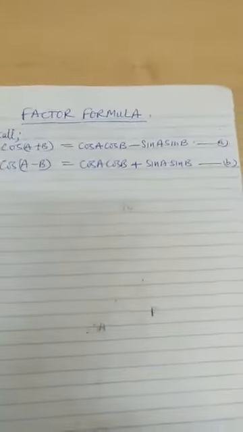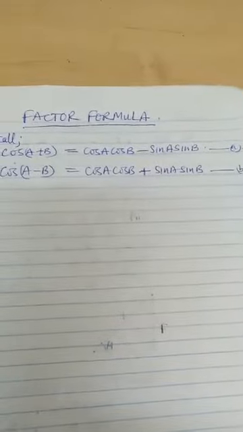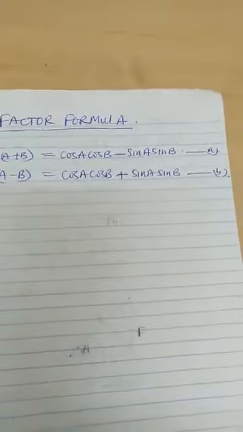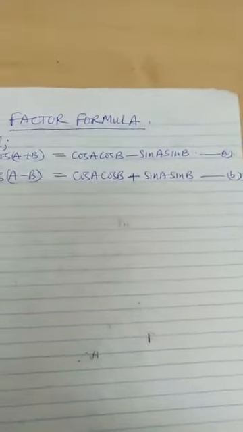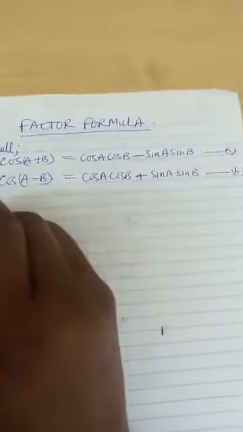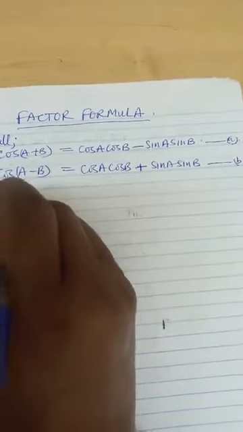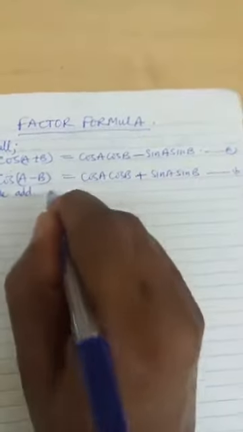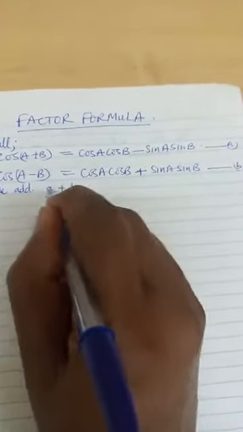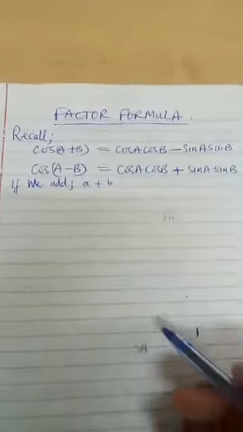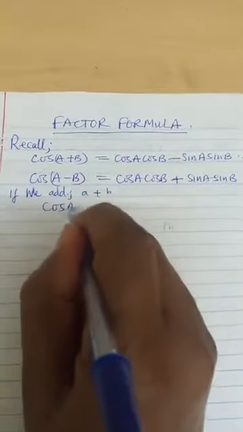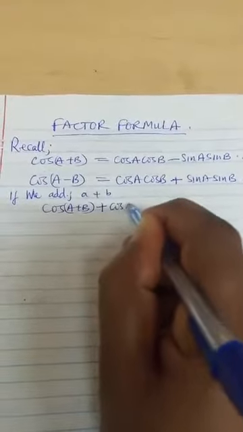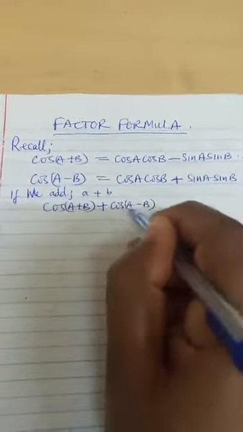Now, factor formula looks at the addition of these functions. If we add equations A and B, the left-hand side will give me cos of A plus B plus cos of A minus B. I hope we are together.